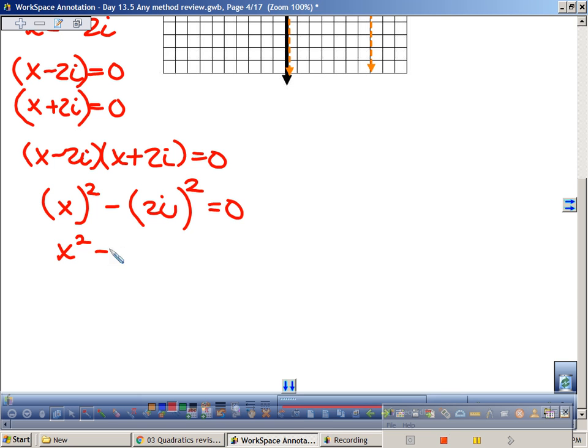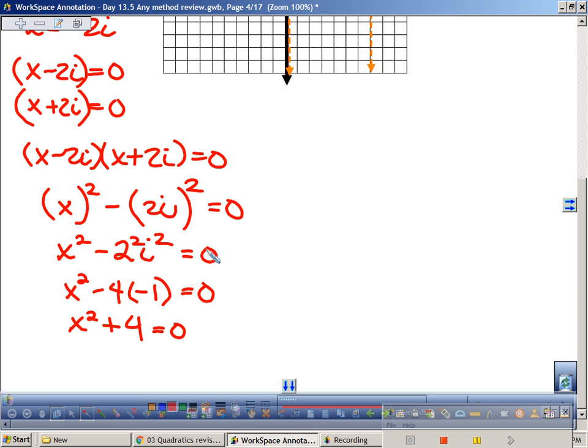So I have x squared minus 2 squared i squared, which is, i squared is negative 1, which is positive, sorry, it should be 4. Thank you. You know how I caught it? Because it should be a square. So every time you see 2 squares and there's a plus sign, that means it must be imaginary, right?